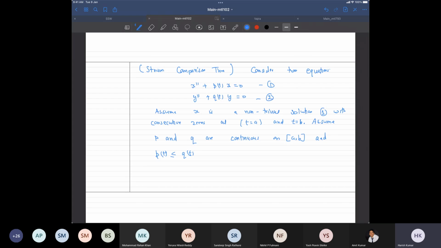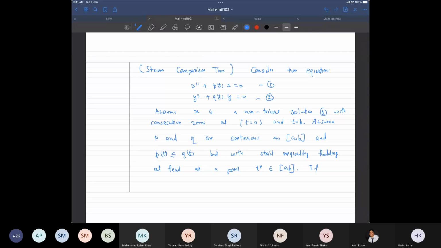Not strictly less than, but it can be equal at some point, but with strict inequality holding at least at a point, let's call it t star in (a, b). So there exists at least one t star where you have strict inequality. Of course, in general p(t) will be less than or equal to q(t), but at least at one point q will be strictly bigger than p.